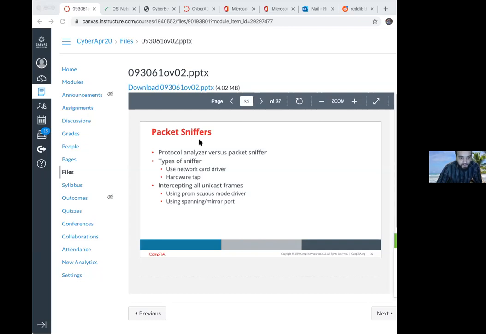With a mirrored port, we try to capture traffic intended for another host by configuring a spanning port, otherwise known as a mirrored port, and that would forward the traffic to us as well. So they receive the information that they want, but it also mirrors it back to us, so that way we can read whatever's going on.